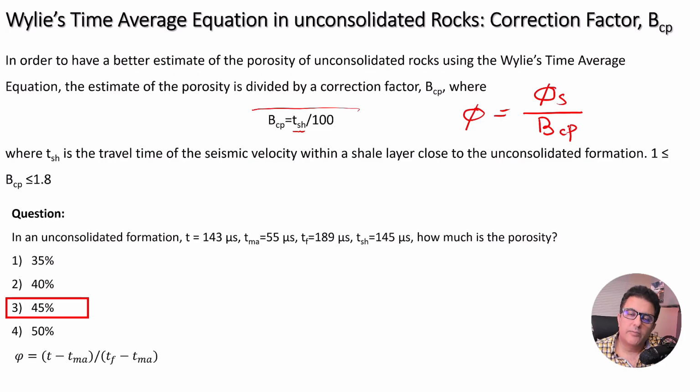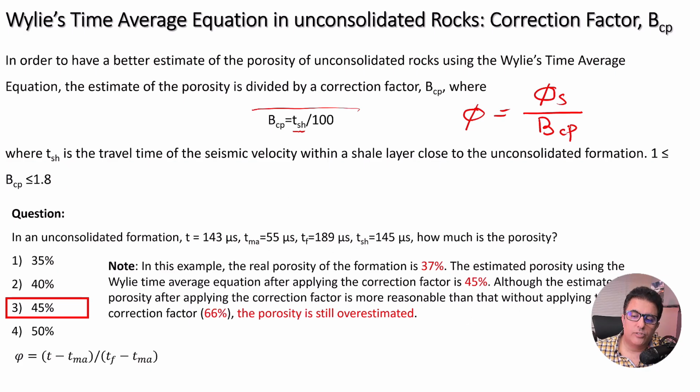45%. Something that I want to emphasize here, what you're given is from a real scenario. And indeed, the formation that I'm talking about had the porosity of about 37%. But as you see here, even after applying the correction factor, you're going to get 45%. So it means that still the porosity is not that accurate.